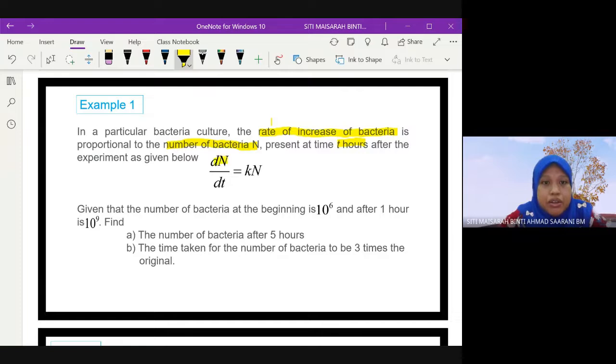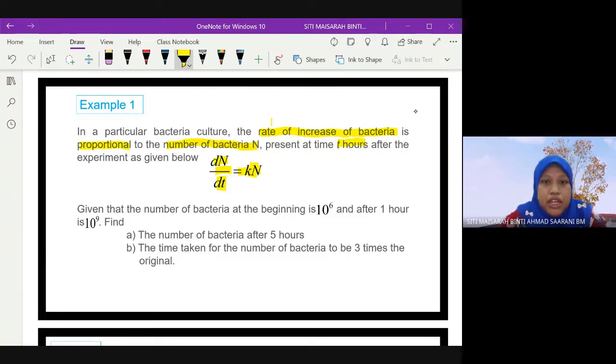Dia dah bagi siap-siap dia punya differential equation. Okay. So jadi kalau dia tak bagi tahu, so awak kena baca kat sini lah. Rate of increase of bacteria is proportional to the number of bacteria.